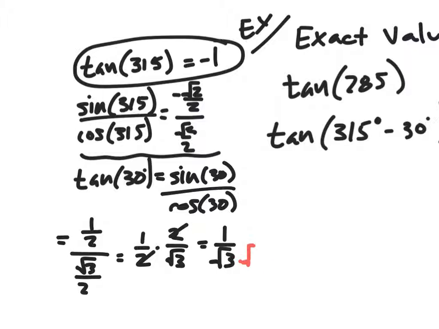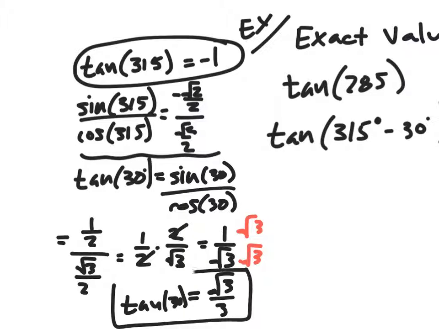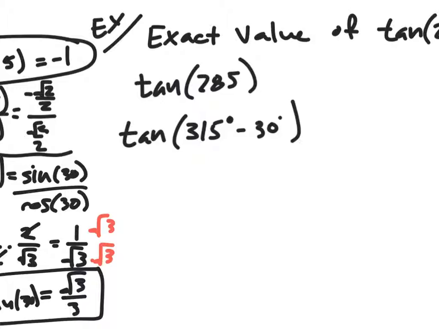Rationalize our denominator, and that's going to give us square root of 3 over 3. We want to get exact answers out of that. That's just the kind of stuff we've got to be able to do by hand. So tangent of 30 equals this.